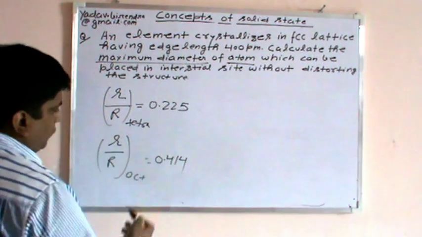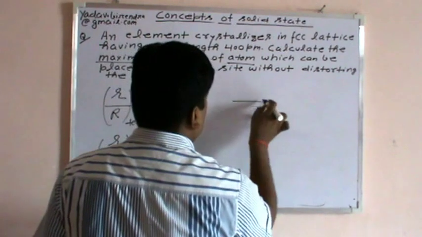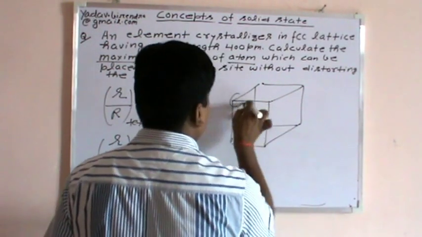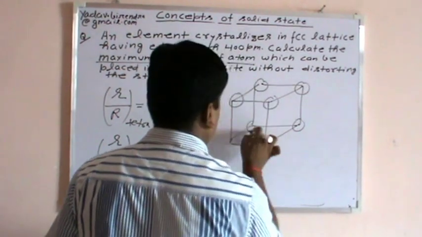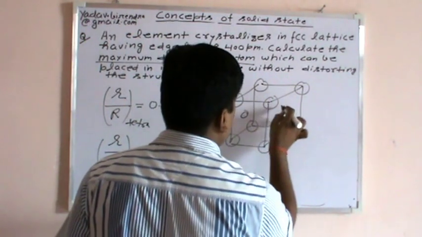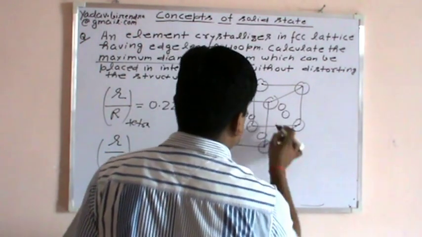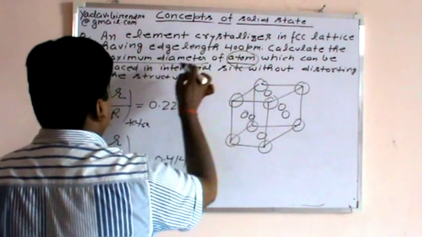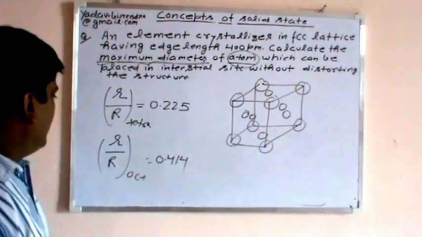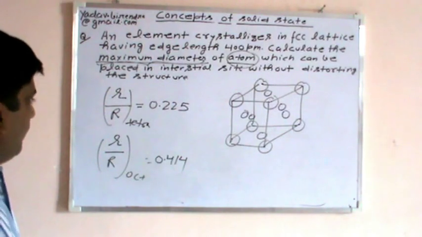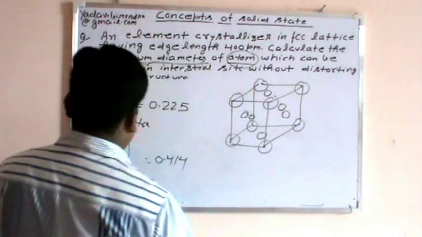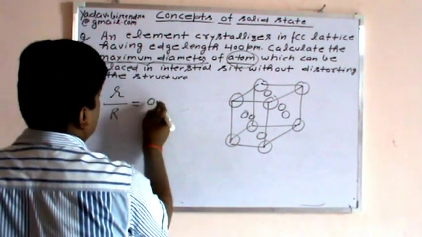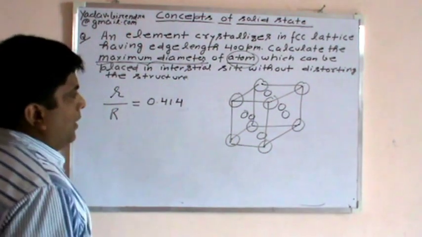So in FCC unit cell, if you want to put the atom with maximum diameter inside the void, we need to consider the octahedral void, and that is why we can write small r upon capital R as 0.414.